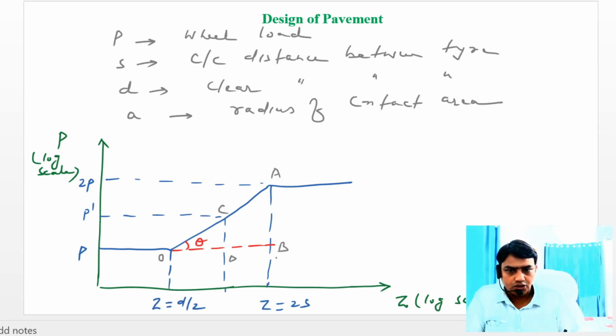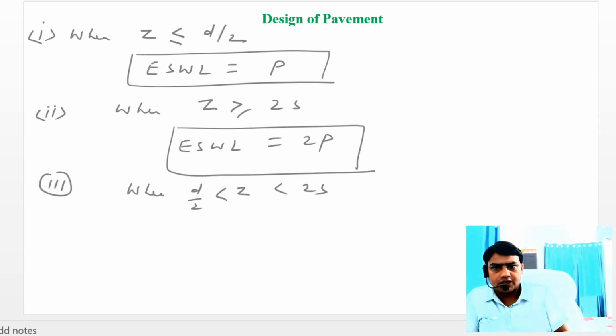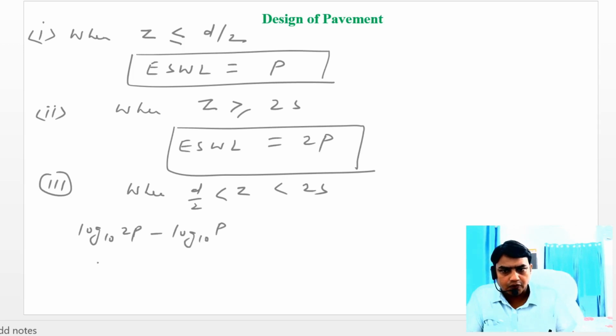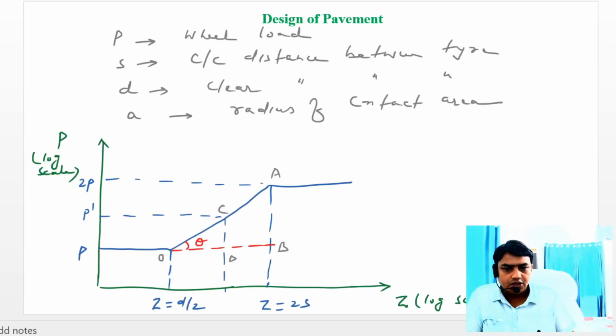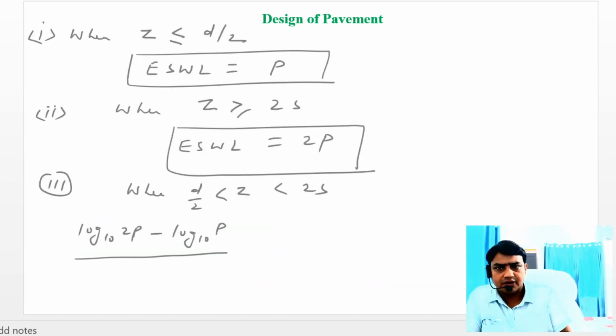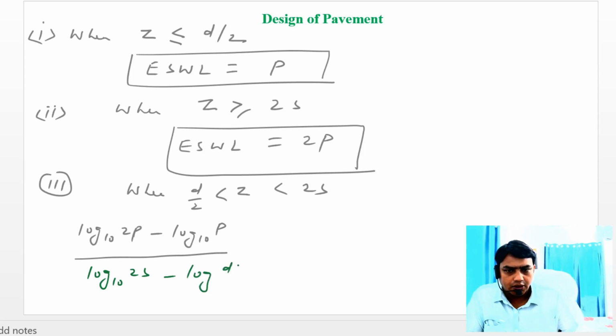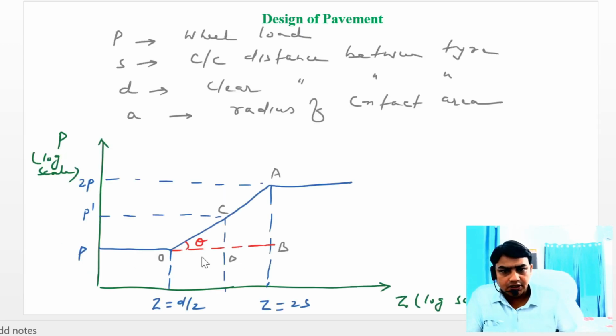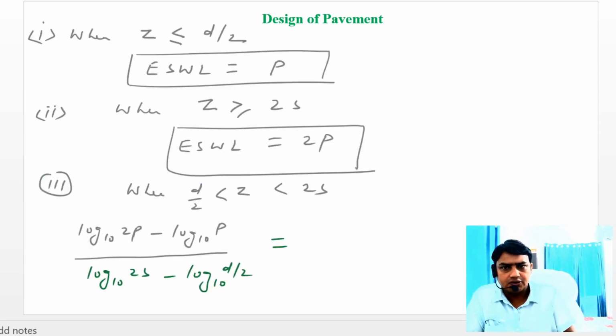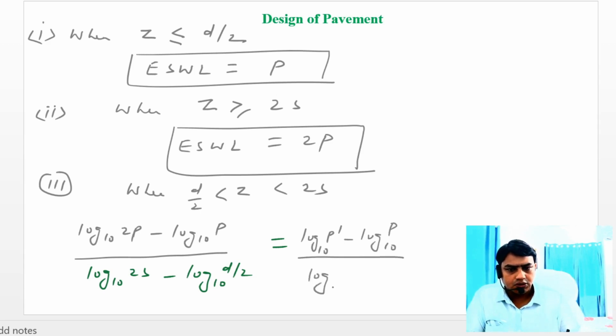So we can write log to the base 10 of 2P minus log to the base 10 of P, divided by log to the base 10 of 2S minus log to the base 10 of D by 2, that is equal to, in this triangle, log P dash to the base 10 minus log P to the base 10, divided by log Z minus log D by 2 to the base 10.